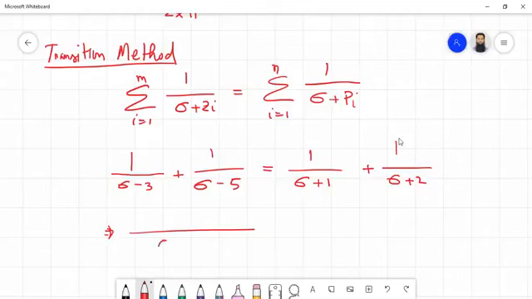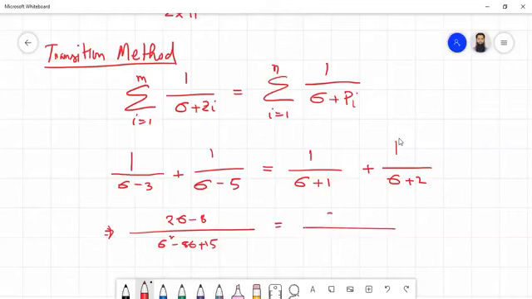So if you now do the multiplication, what you are going to get in the denominator is sigma square minus 8 sigma plus 15. In the numerator you have twice sigma minus 8. Okay, so you're just adding those two values.